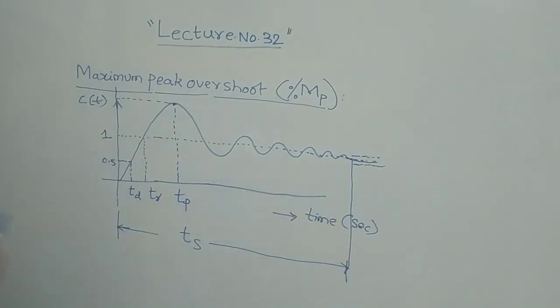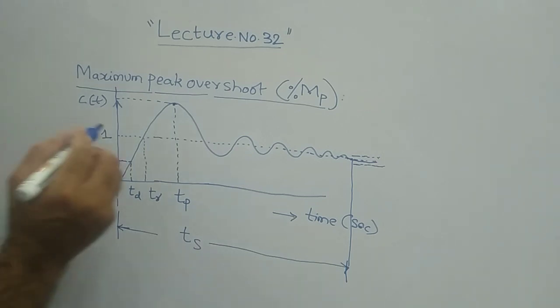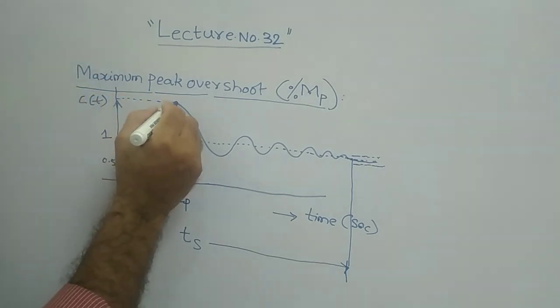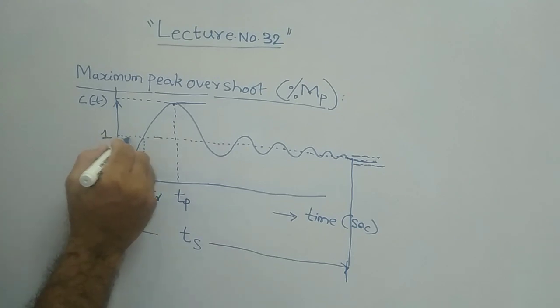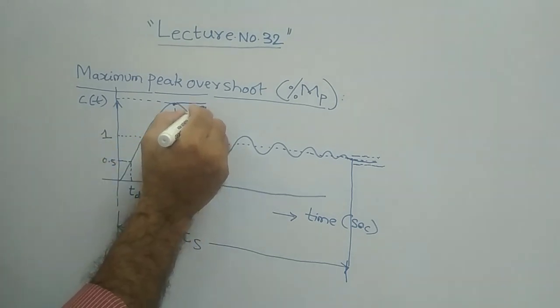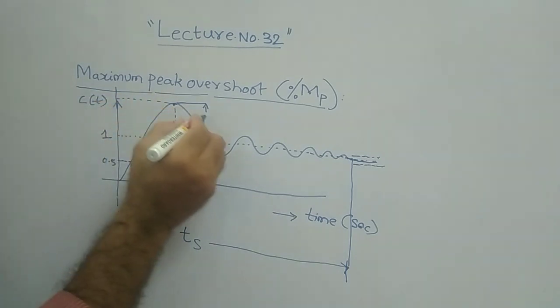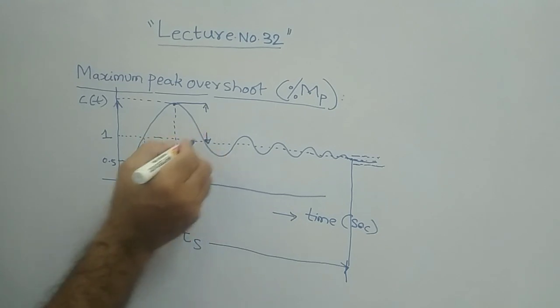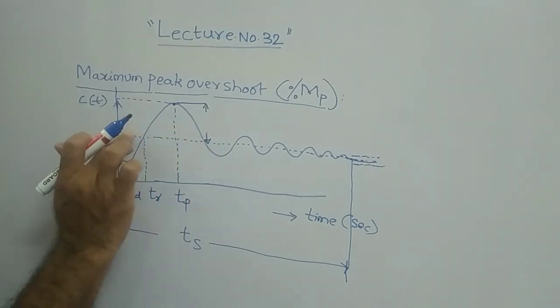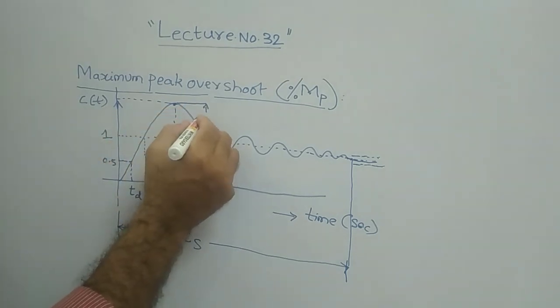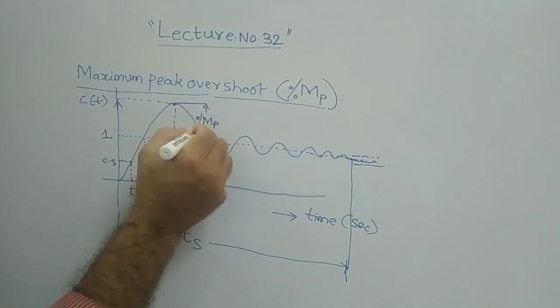Okay, and then today's specification, which we are going to see, is the maximum peak overshoot. The maximum peak overshoot is the ratio of the maximum peak value to the final value. This is the peak value basically, and from here up to 1, if you take the magnitude value 1, the difference between 1 and the peak value is called the peak overshoot.